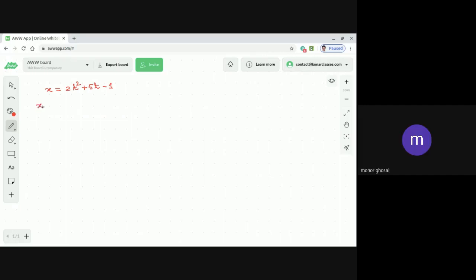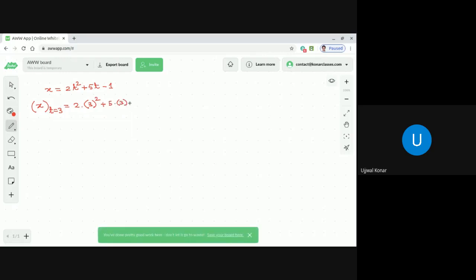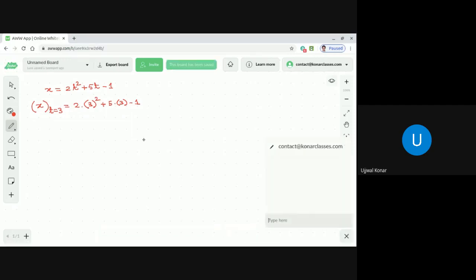So the displacement at t equal to 3 seconds is equal to 2 into 3 square plus 5 into 3 minus 1. Correct or not? Whatever value you get, the unit is meter.